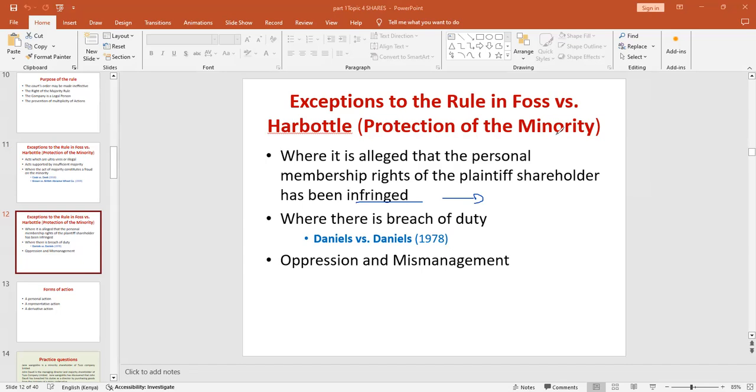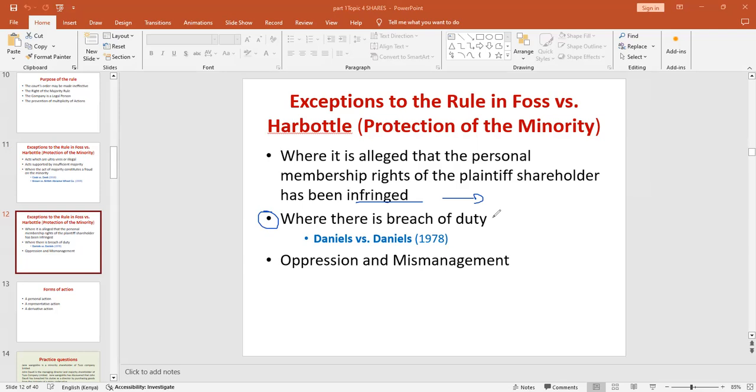Then you see that is against the rights these people have. If you have shares, you deserve to vote. Also, where that decision is a breach of duty. There are duties expected of the directors, for example, like duty of care or fiduciary duty.